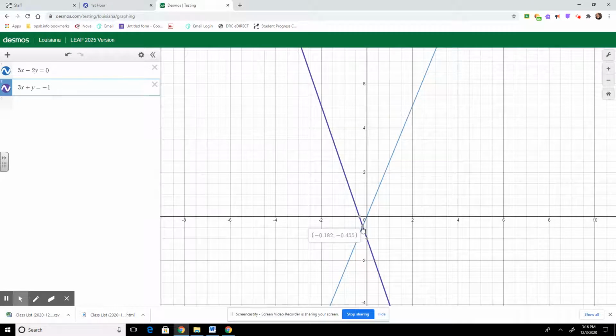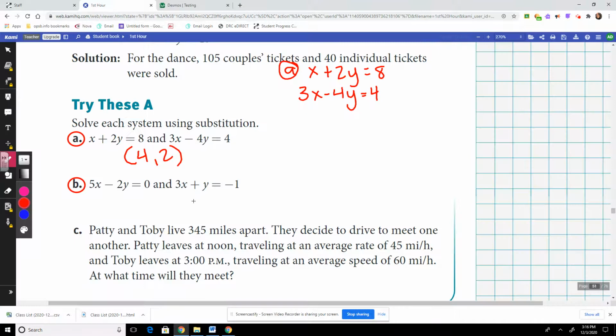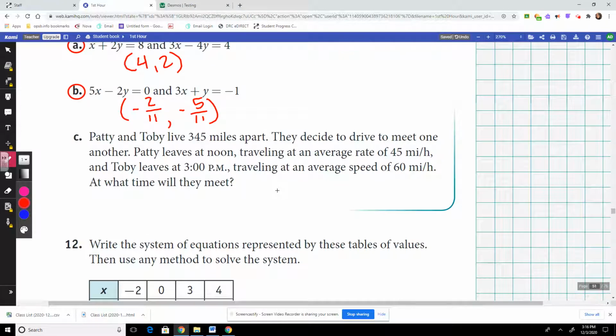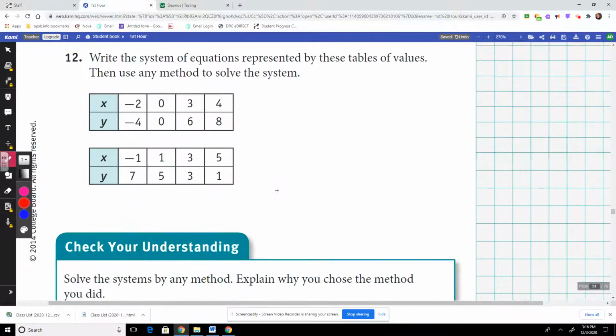As a fraction, I'm going to write them for you: the values of these points are negative 2 over 11 and negative 5 over 11. Now, I'm not going to put anything that crazy on your exam. I'm not going to put a decimal or a fraction as the coordinates of your intersection point.